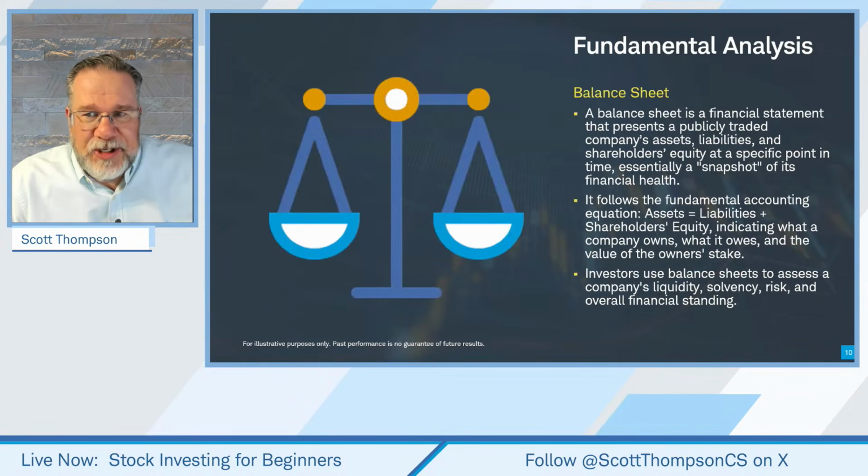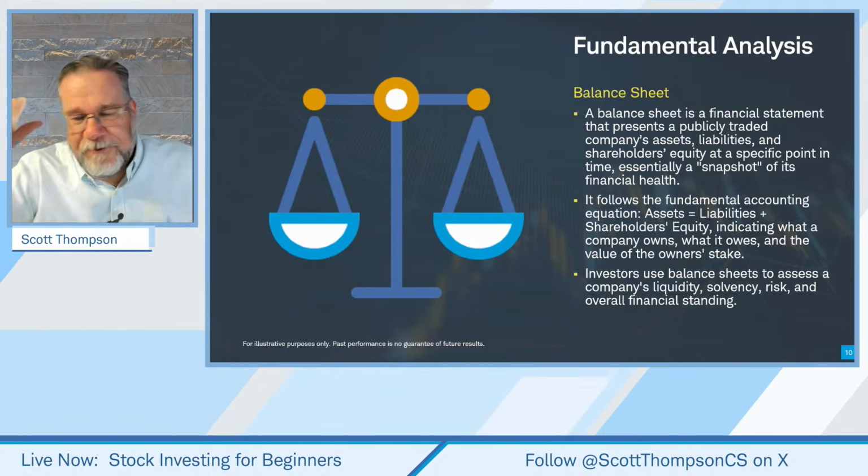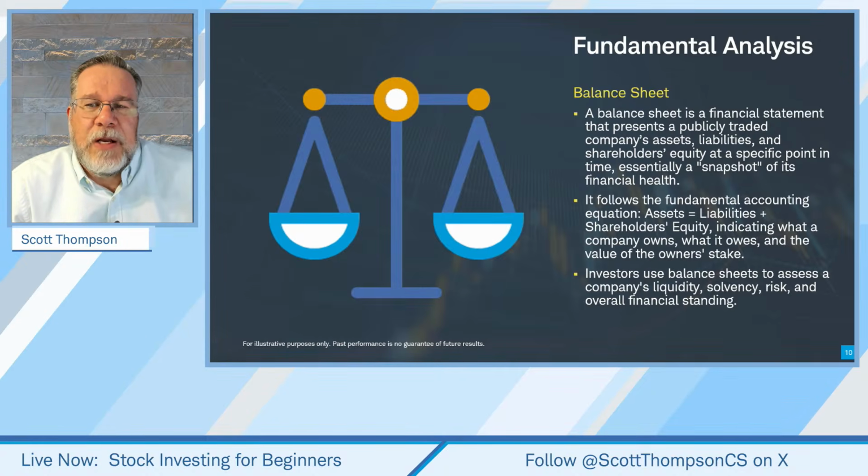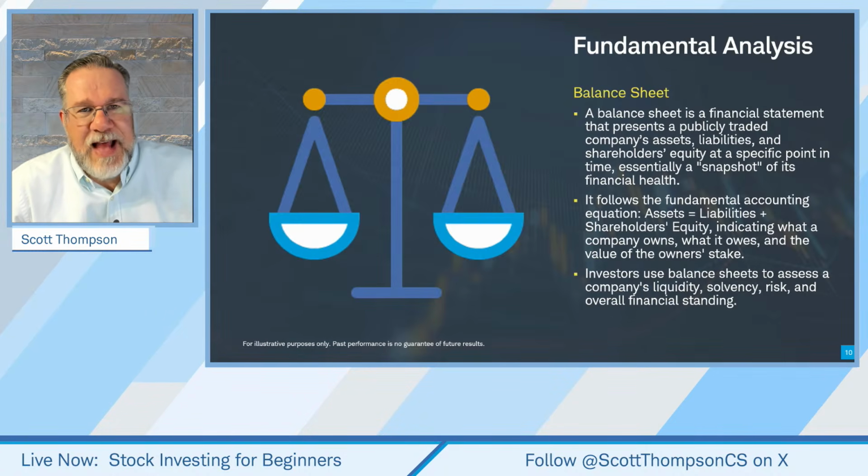Now, the balance sheet is a different type of financial statement. All publicly traded companies have to show their company's assets, liabilities, and shareholder equity. Those are the three main components of a balance sheet, and it's basically a snapshot of the financial health of the company.